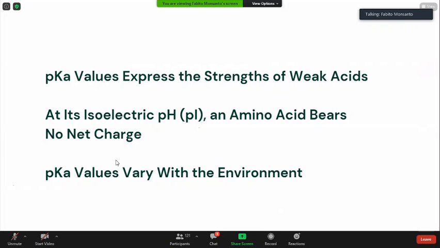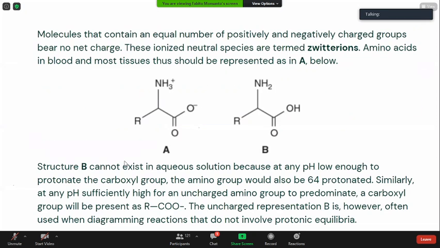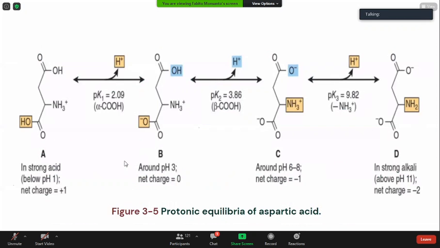Now, what is isoelectric pH or pI? An amino acid bears no net charge. Okay, going back to this. Where is the pI of aspartic acid?